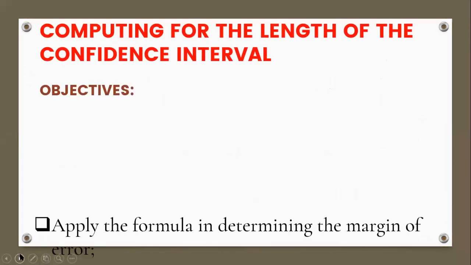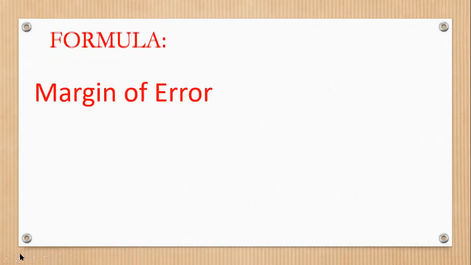Last, how do we compute for the length of the confidence interval? So those are the objectives. And this is our formula. Again, for the margin of error, we have the formula E equals Z alpha over 2 times the population SD divided by the square root of n.